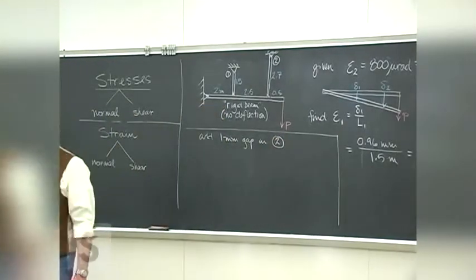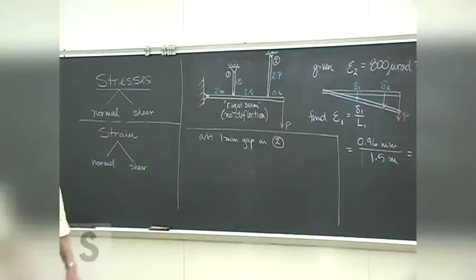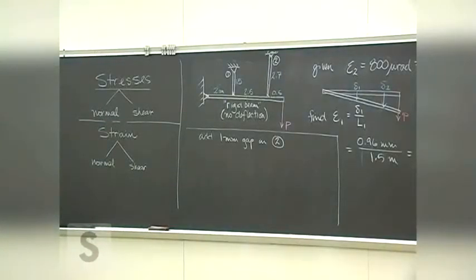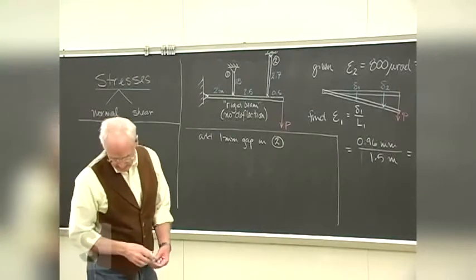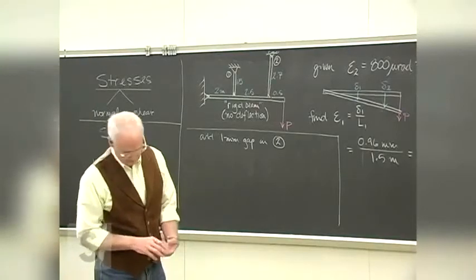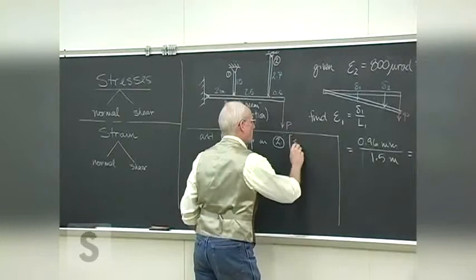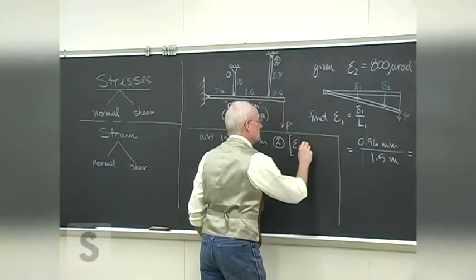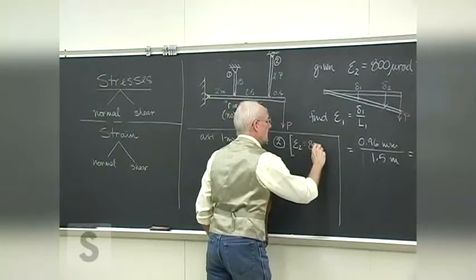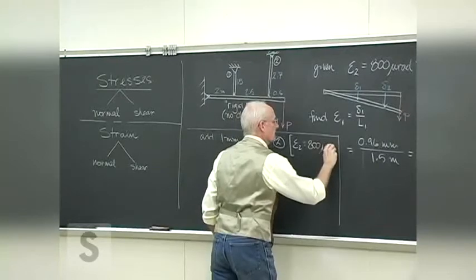Is that going to change things? Then what is the strain in piece 1? Is that going to change things in any way? Assume that it still has the same strain in it, though.